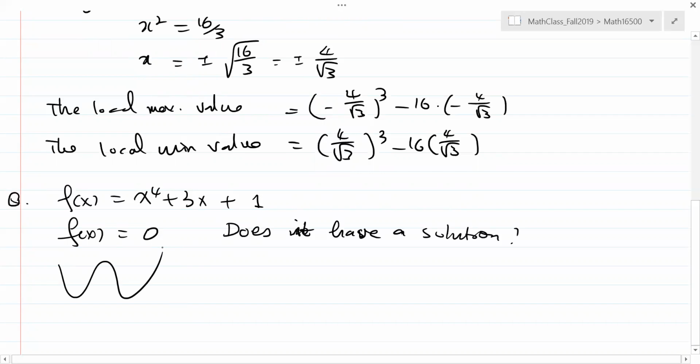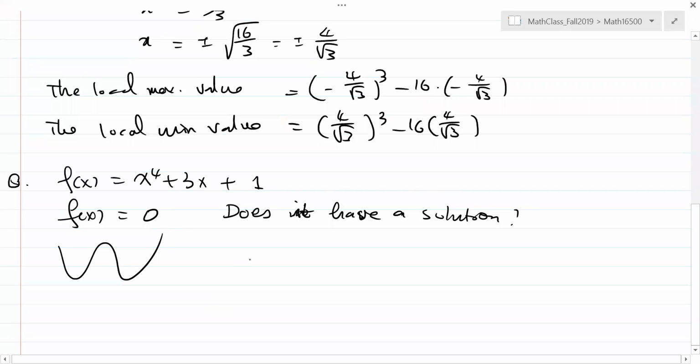If you look at this, there's a possibility it's above the x-axis. If it's above the x-axis, it has no solution. It's not like polynomial degree 3, where one end is positive infinity and the other end is negative infinity, so it must pass through the x-axis. But there is a possibility of no solution.